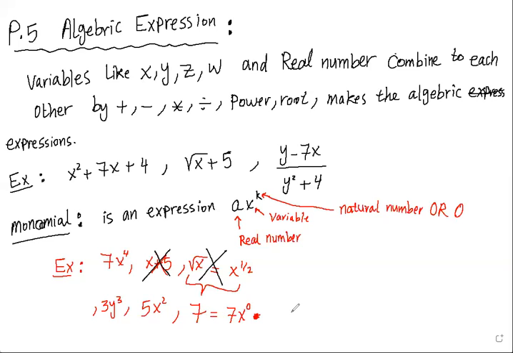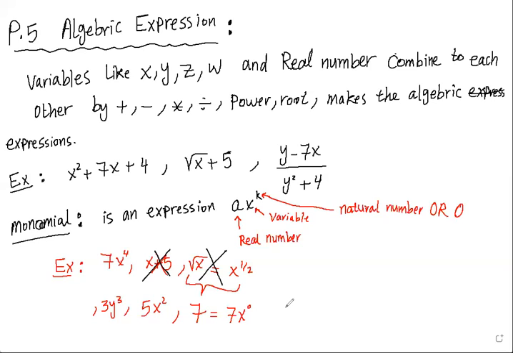Make sense? Any questions? Anyone has a question? Okay. So a number by itself is also a monomial.